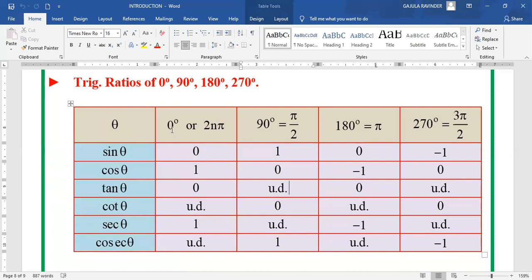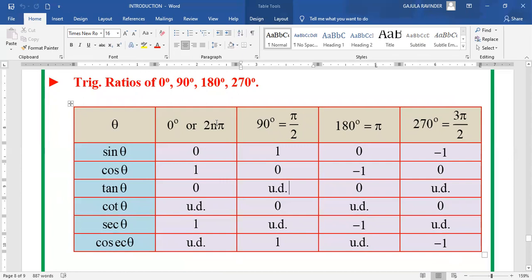That means one complete rotation is equal to 360 degrees, two complete rotations will be equal to 720, and 3 complete rotations will be equal to 1080. 4 complete rotations, 1440, and 5 complete rotations will be equal to 1800. So like that, you can go on adding 360 degrees for every complete rotation. All those will be equal to this 0 degrees only.